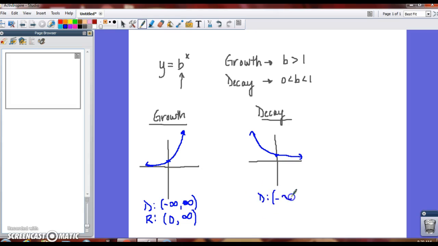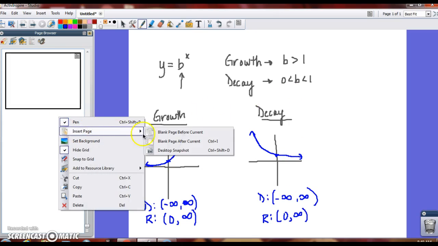So your domain goes from negative infinity to positive infinity, and your range is from 0 to positive infinity, not including 0. Okay, so those are the basic properties behind exponential growth and decay. Obviously there's more to it, but that's all the basics. This is stuff you should already be familiar with.